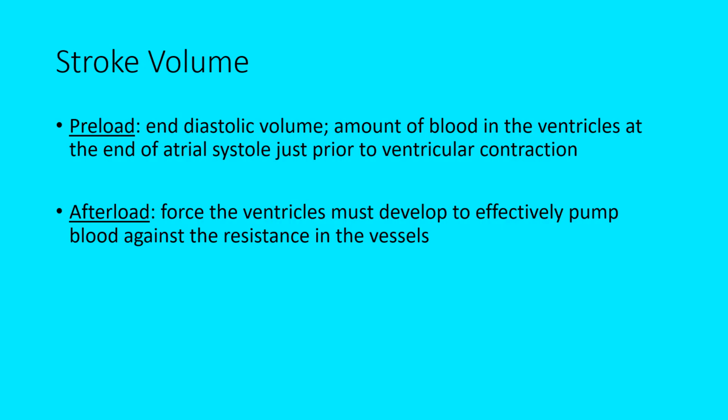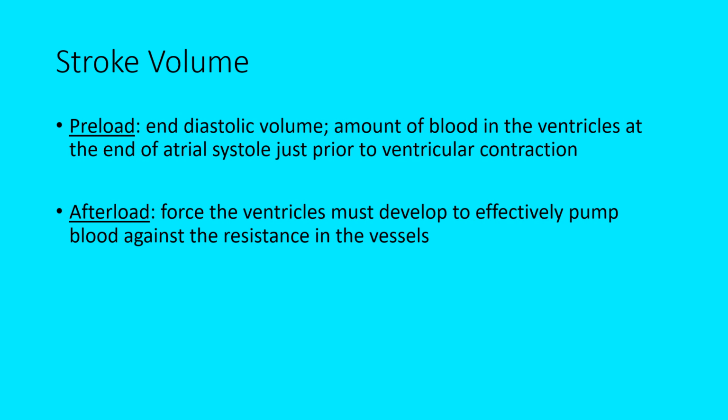For the stroke volume, we talk about preload and afterload. Preload is the end diastolic volume. That's the amount of blood that's going to be in the ventricles at the end of the atrial systole, just prior to ventricular contraction. So just before the ventricles contract, how much blood is in the ventricles?